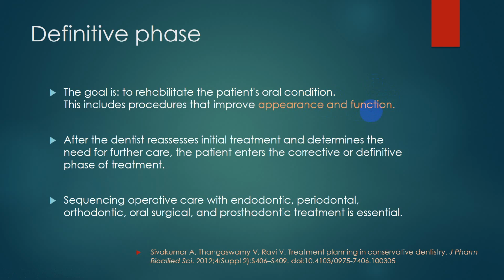But when the disciplines are talking about appearance and function, then we call it definitive phase. In this case, we need to sequence again these disciplines like the operative, endo, perio, ortho, surgery, prosto. All of these need to be sequenced under the definitive phase.